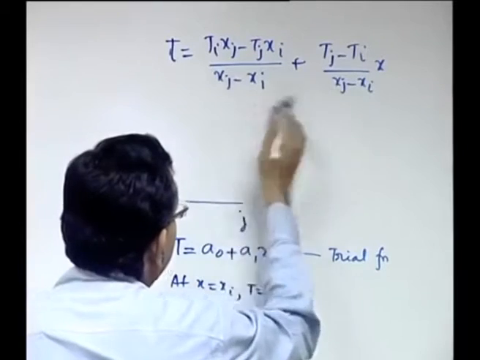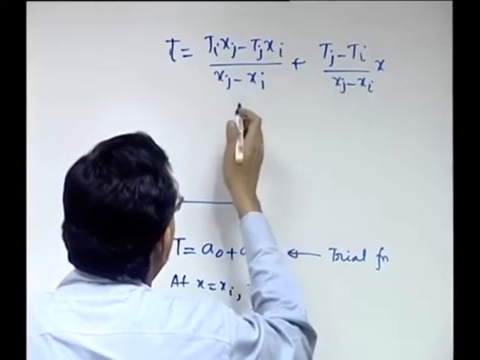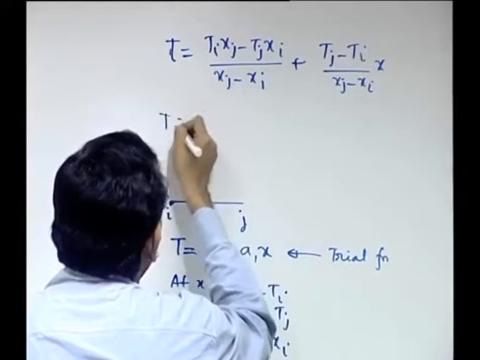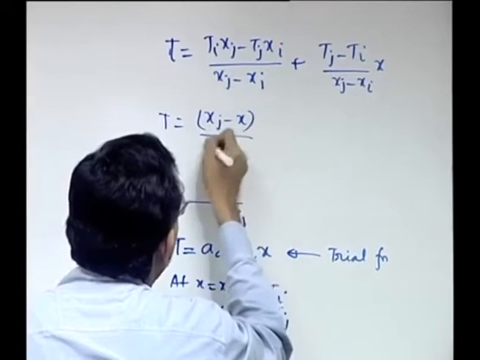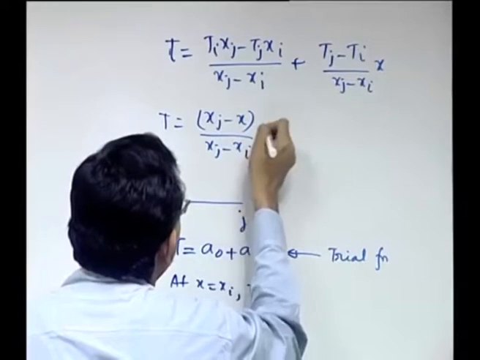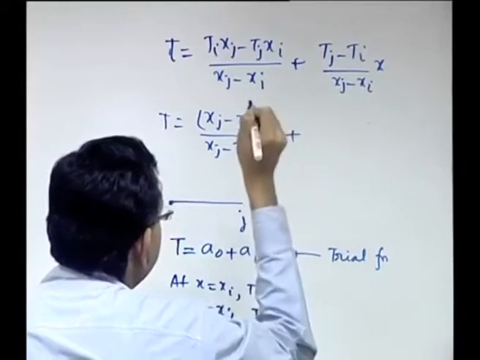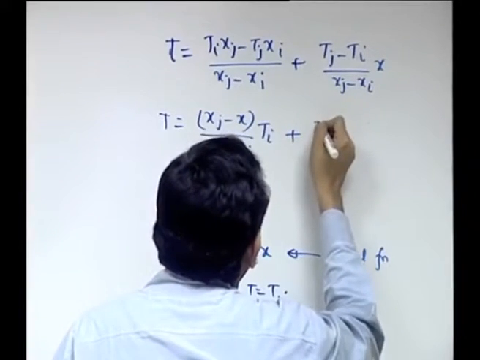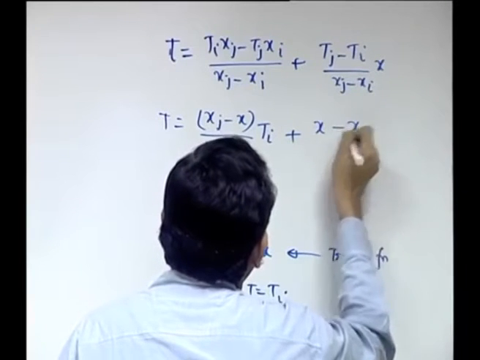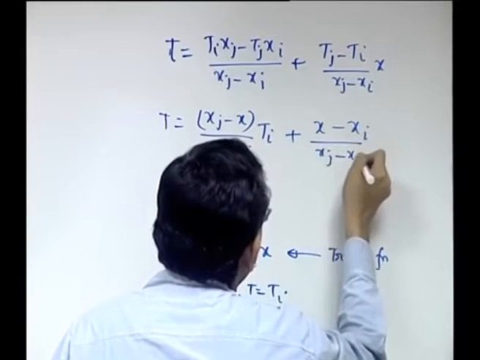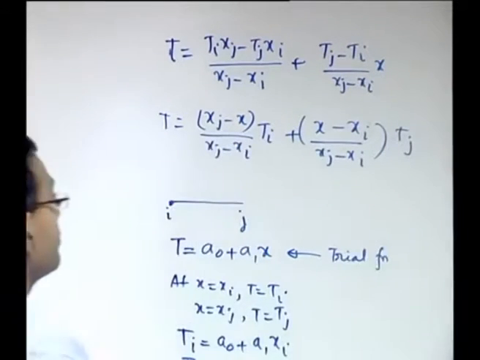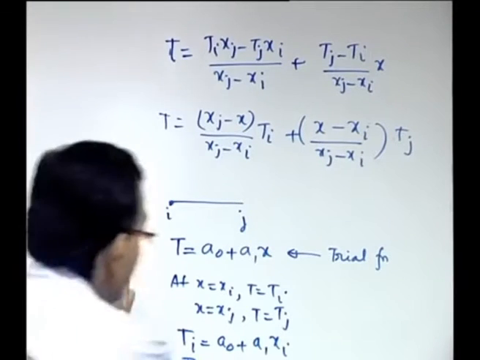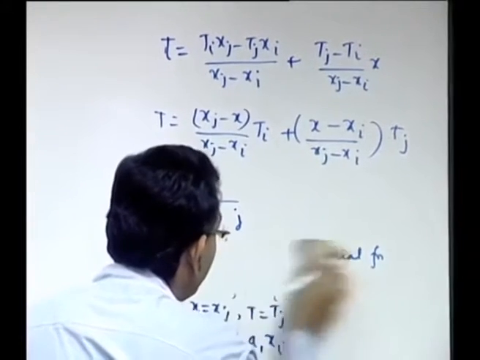So, you can collect the terms with Ti and Tj. So, T you can write xj minus x by xj minus xi Ti plus x minus xi by xj minus xi Tj. Okay. This is the form that eventually we need to keep in mind.